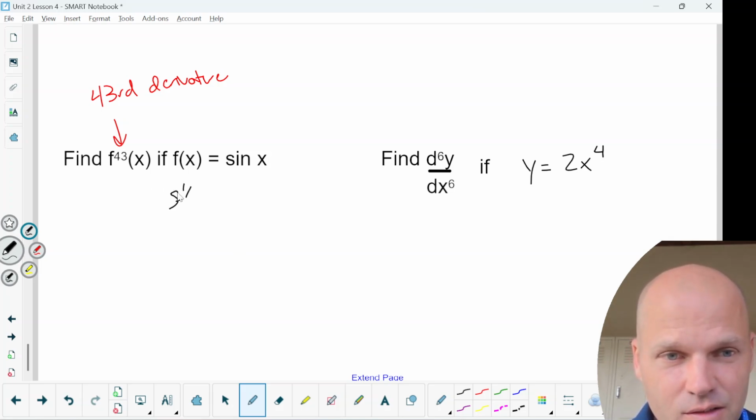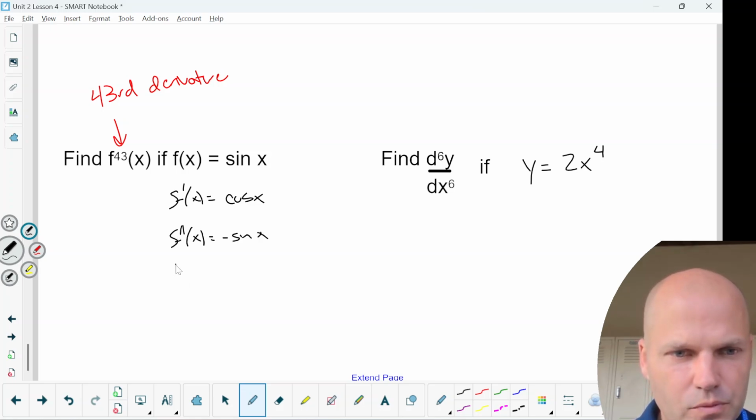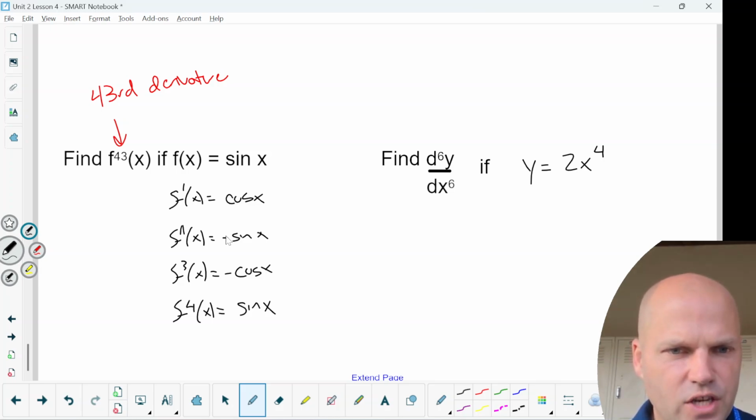Start taking the slopes of the slopes of the slopes. And you should notice something fairly quickly. If cosine slopes are negative sine, slopes are negative cosine, slopes are sine.